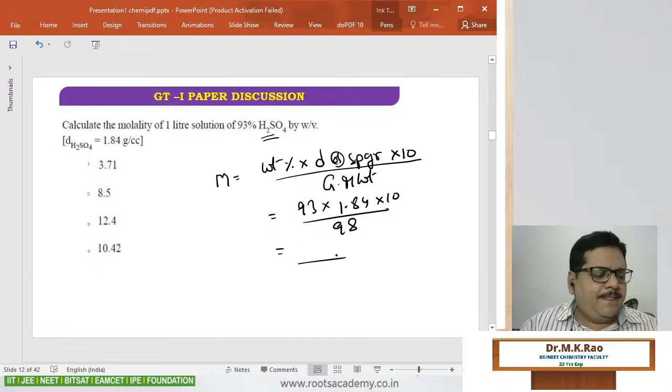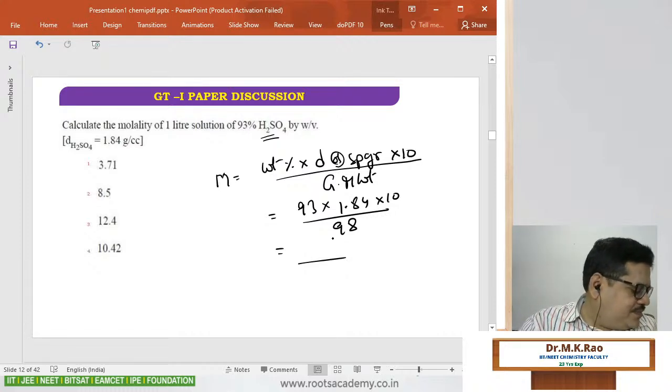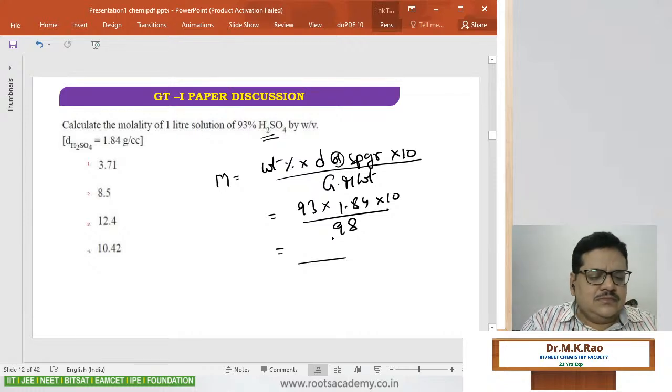If you are solving, finally you will get molarity, 1.042 molar.